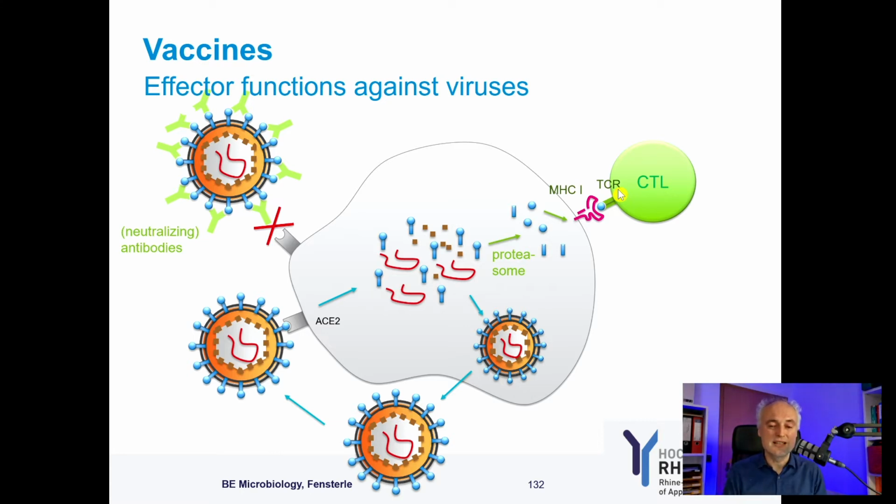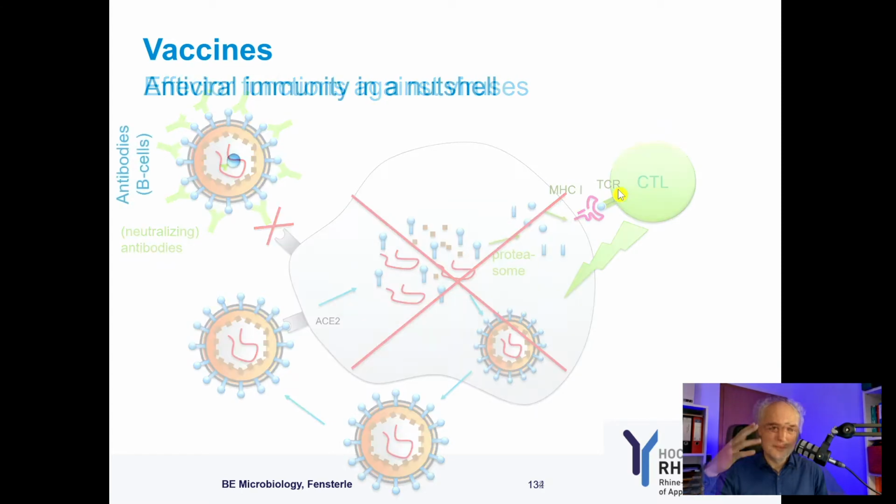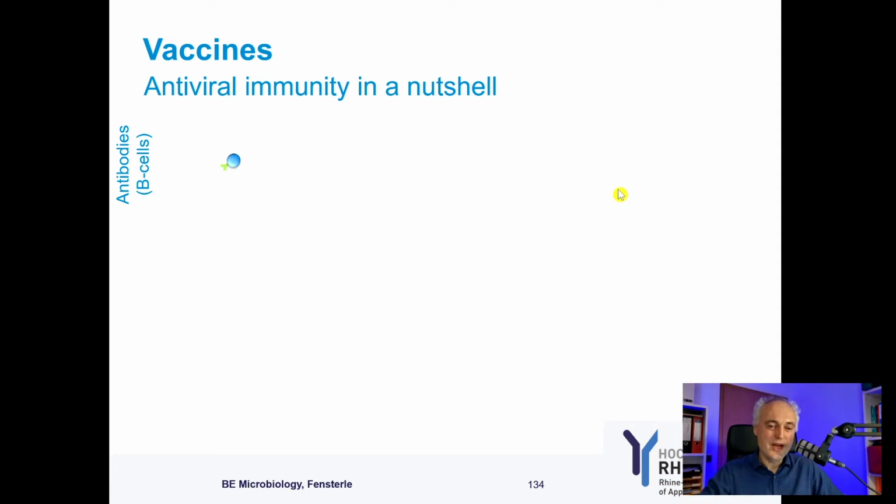So these cytotoxic T cells recognize a cell infected by a virus and can kill the cell. These are the two possibilities by which our immune system can fight viruses. We have the antibody part and the CTL part.